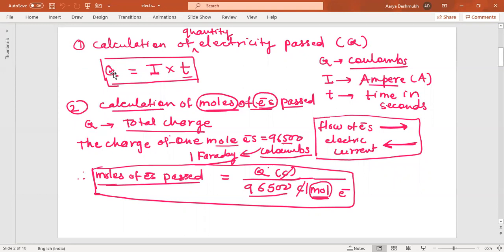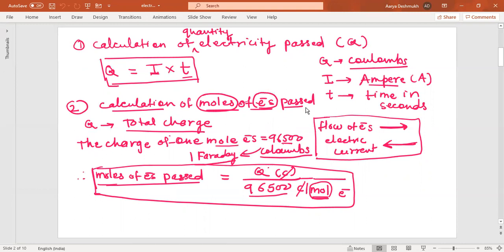If you multiply these two together, we get the amount of electricity passed through the electrical circuit or the cell. Now, by knowing this Q, you can find out the moles of electrons passed. Since this is a redox reaction, the number of electrons involved is very important here. The electrons lost should be gained at the other electrode.